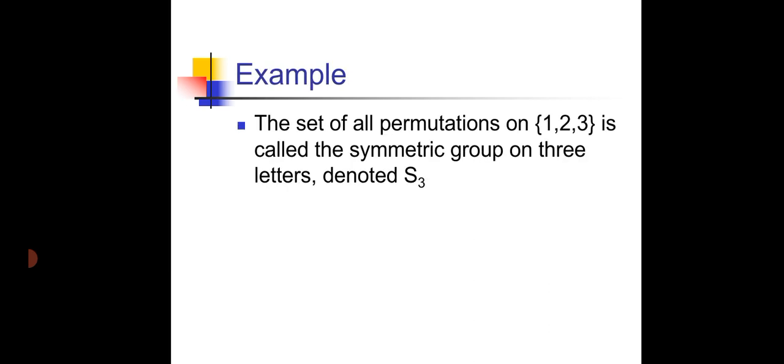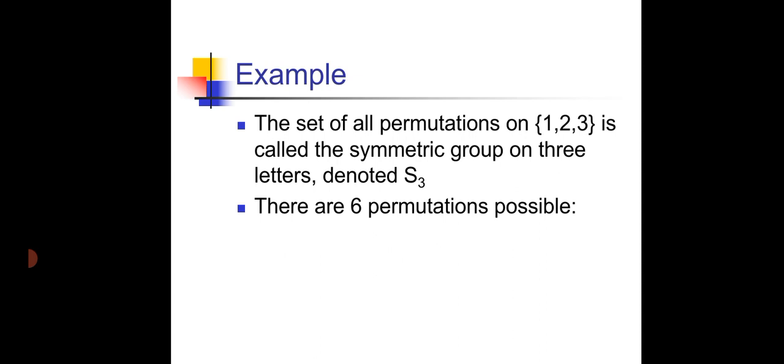Now we are going to see an example. The set of all permutations on the set 1, 2, 3 is a symmetric group which consists of 3 elements. Okay. So there are 6 permutations. We can state this from the formula n factorial: if the number of elements is n, then n factorial is the number of permutations.